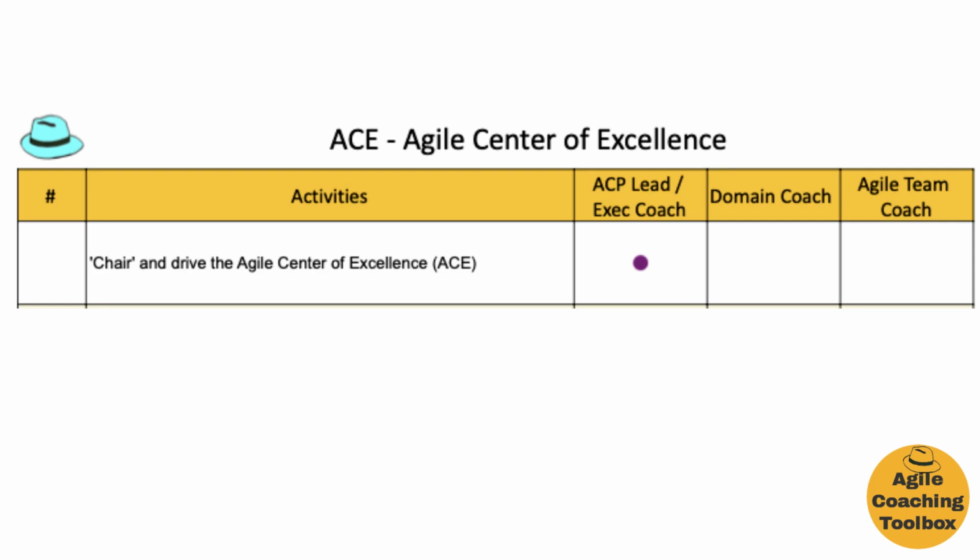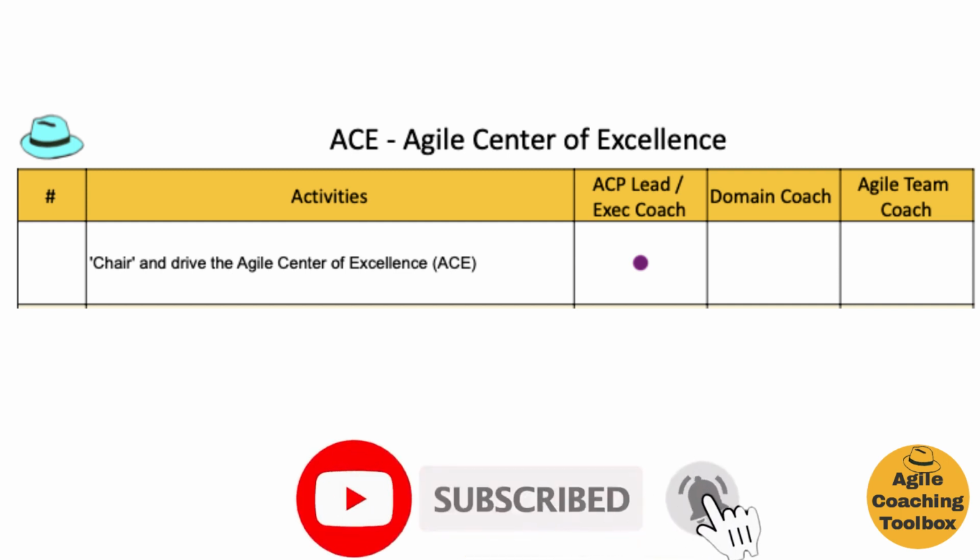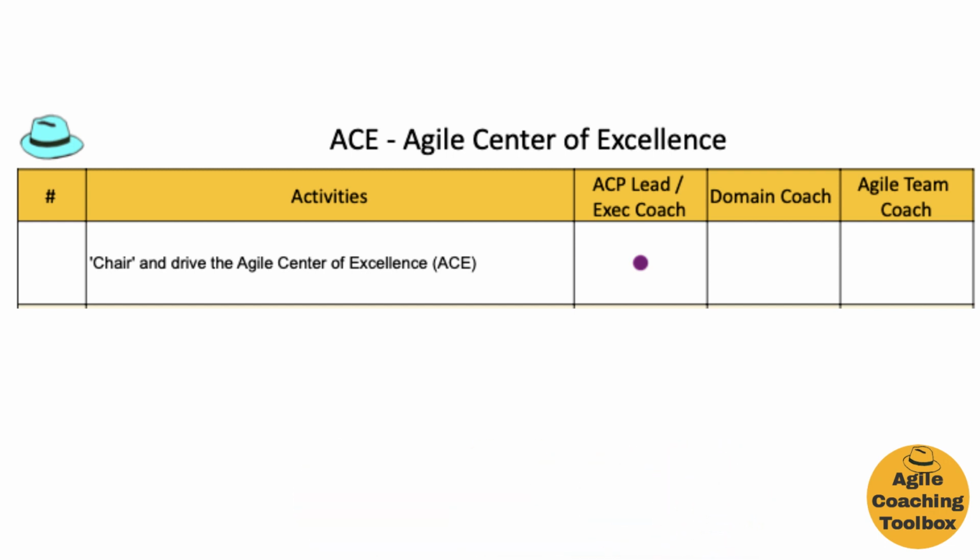Team coach may or may not be there. In fact, I would say that if you have an Agile Center of Excellence, it is primarily driven by the Enterprise Coach. That's a platform Enterprise Agile Coach can use to brainstorm and create that roadmap and then roll out that roadmap.